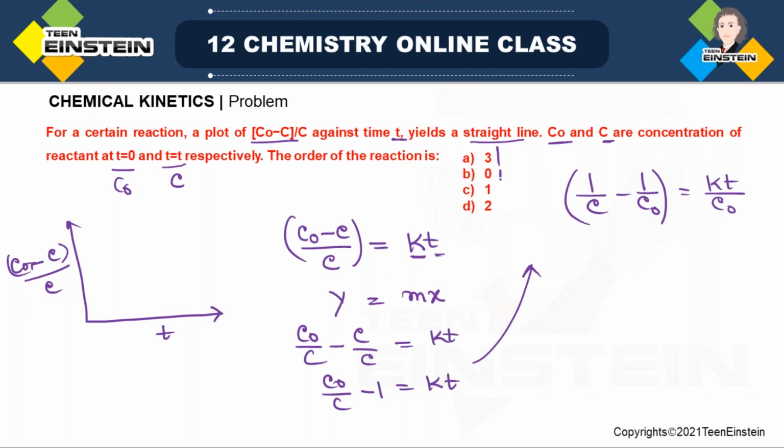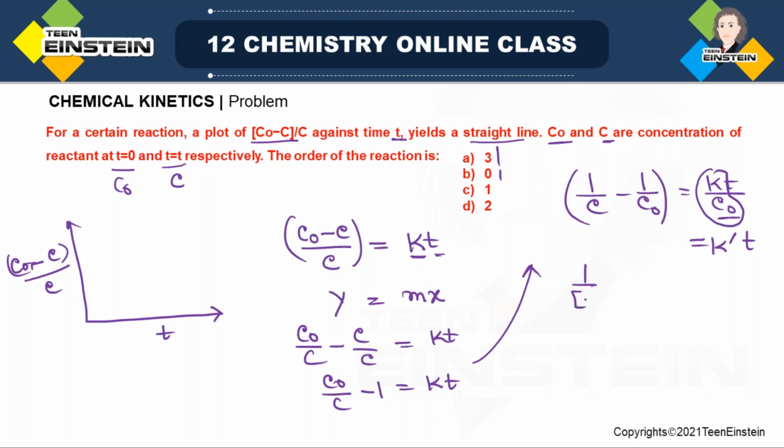Because here we have options: third order, 0 order, first order, second order. Now C0 is the initial concentration, which is always constant. So this part is basically constant, as if it is k prime, a new constant, into t.